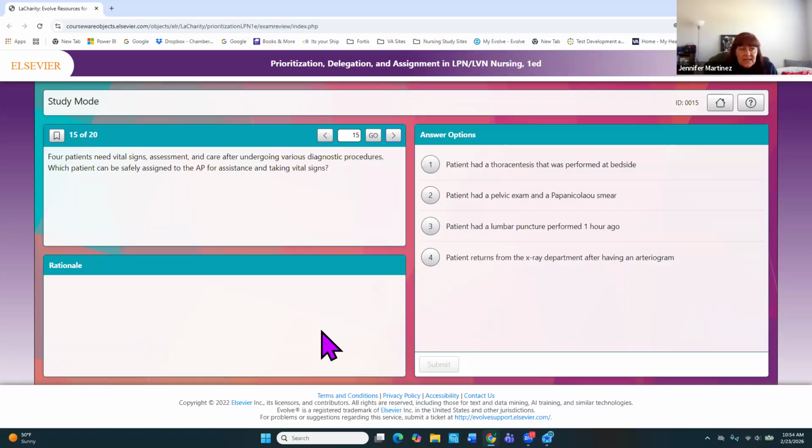Two, a patient had a pelvic exam and a pap smear. Three, a patient had a lumbar puncture performed 1 hour ago. Or four, a patient returns from the x-ray department after having an arteriogram. So which one can we safely assign to the AP? 2.